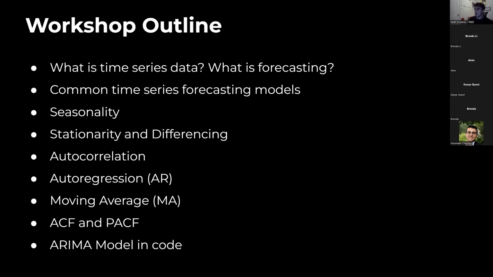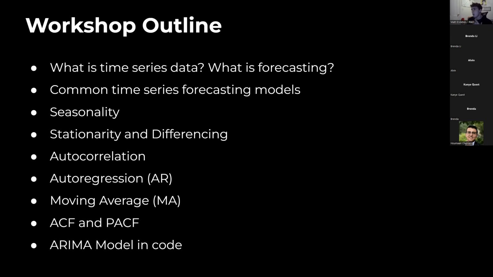Throughout the workshop, we're going to be discussing a lot of different things about time series forecasting. The first thing we're going to talk about is what time series data is. A lot of time series problems need to be defined, so it's very important to understand what that actually is, and what forecasting is.